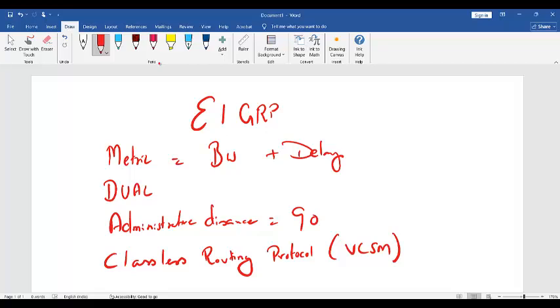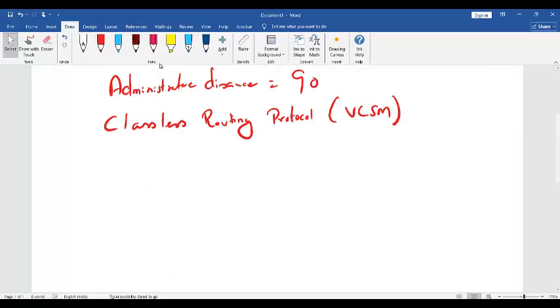Because it's a classless protocol, it can very well distribute the routes of variable length subnet mask network. Now, this is the only protocol that can be configured to support unequal cost load balancing.